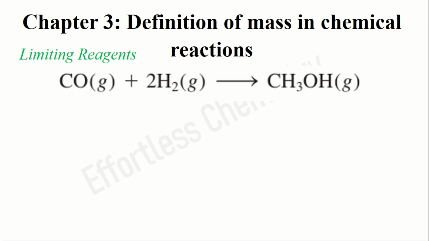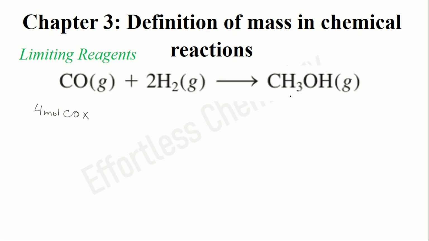Start from 4 moles of carbon monoxide. We had 4 moles of carbon monoxide, and then we use the balanced equation. Please always check whether the equation that you have is already balanced or not.